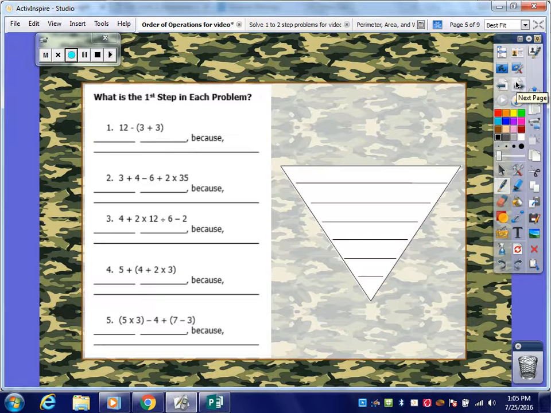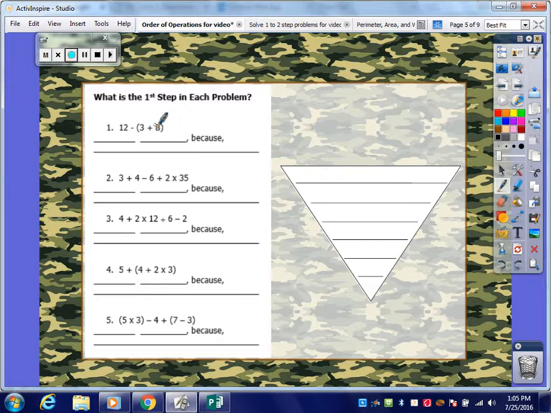So take out your sheet that says what is the first step in each problem. We're going to look at the first step, and then afterwards we're going to solve a couple of them. You should still have your soldier sheet telling you which ones come first. So on this number 1, we have 12 minus 3 plus 3.